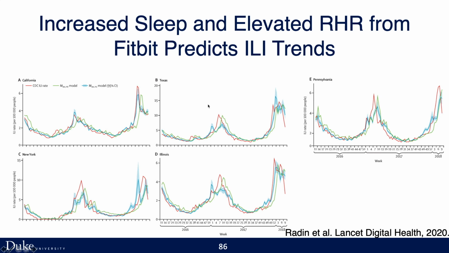And what you can see is they have 2 different models that they developed from Fitbit data from these different locations. So there were 47,000 people roughly who wore Fitbits consistently during the study period. And you can see that the models that were based off of the Fitbit data, there were 2 models, one had a lower threshold than the other, were able to really quite accurately predict what the influenza-like illness rates were in these different states.